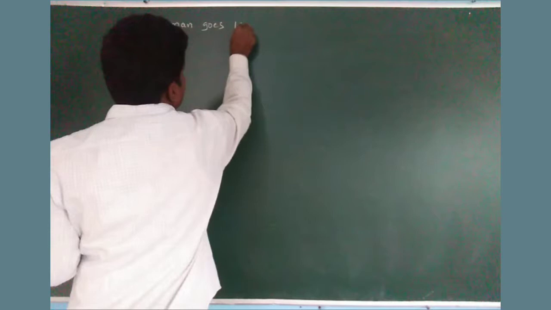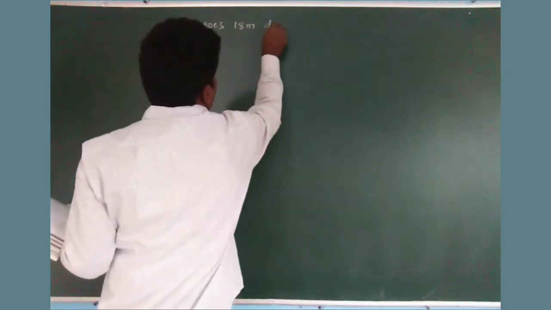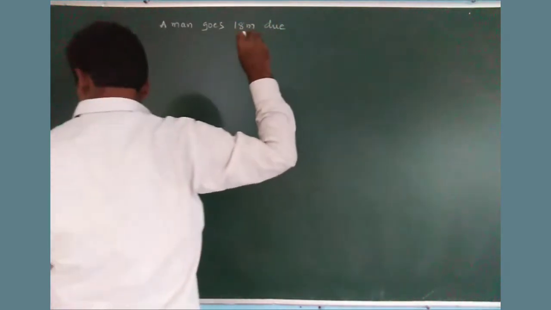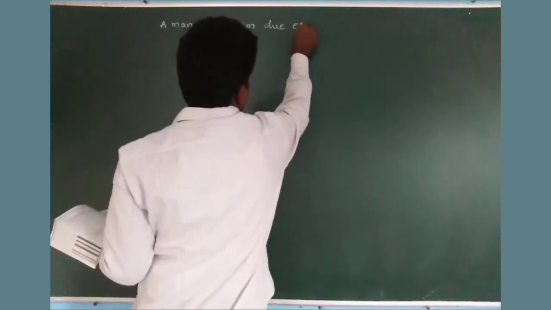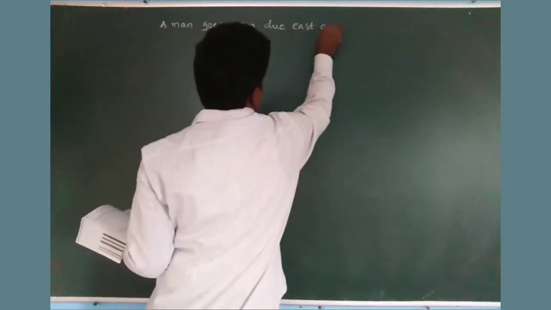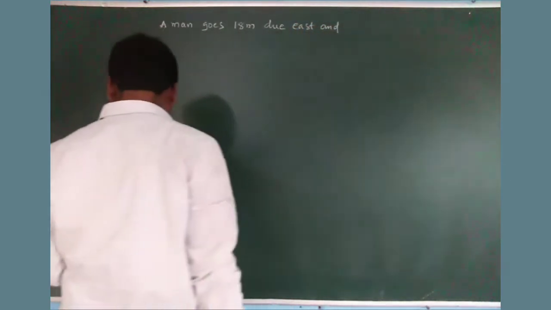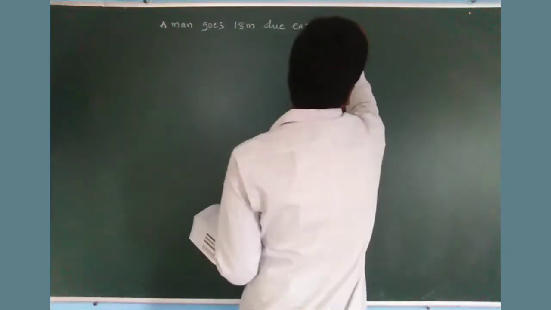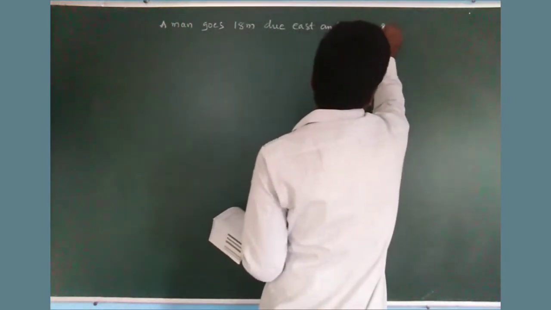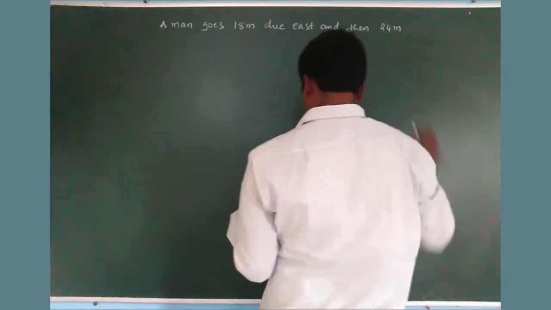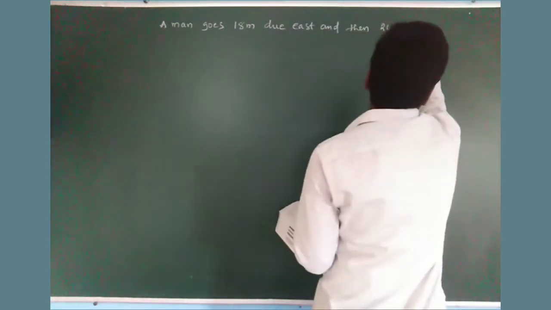A man goes 18 meter due east and then 24 meter due north.